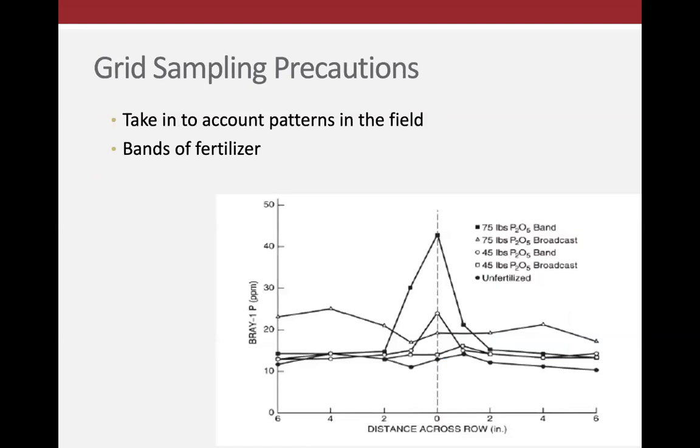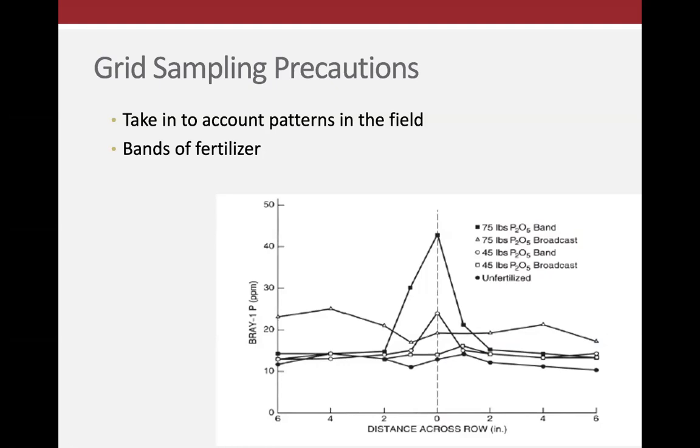Some precautions, and this is true not just for grid sampling, but for a lot of things: we always need to take into account patterns in the field. This is a graph showing distance across the row, extractable phosphorus, and then different banded or broadcast fertilizer at different rates, 75 and 45, band and broadcast, okay?